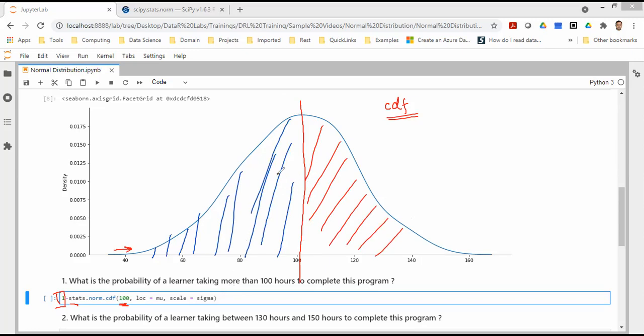And since the total area under the curve is 1, in order to capture this area, I subtract this area from 1.